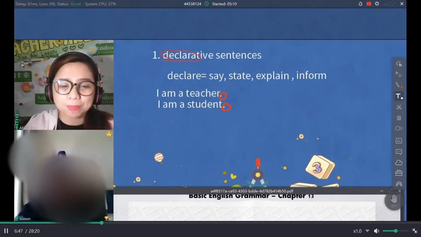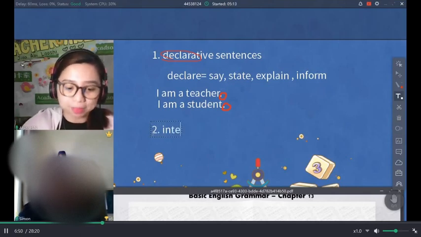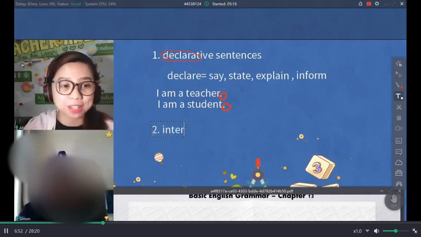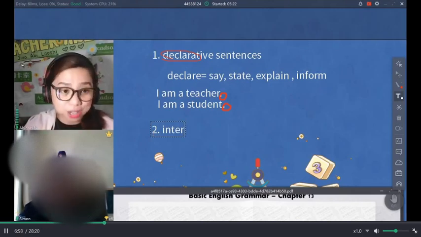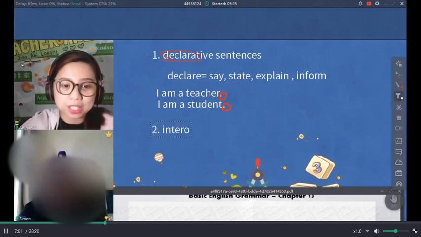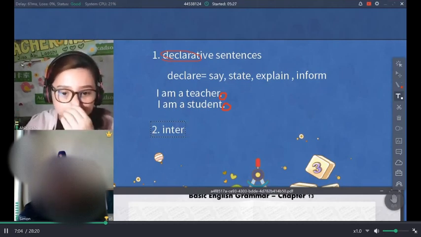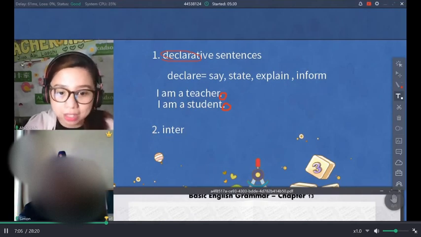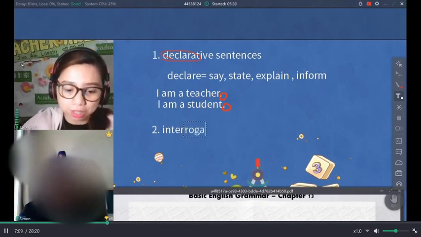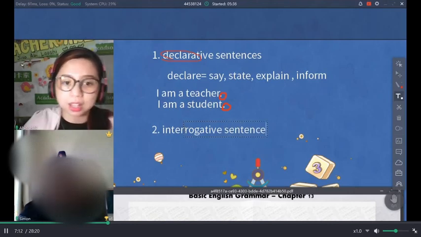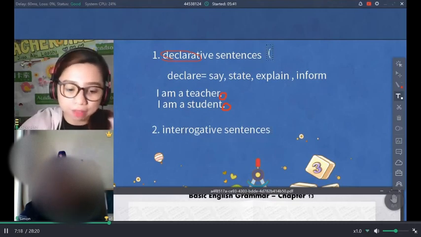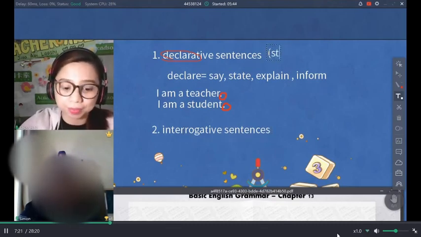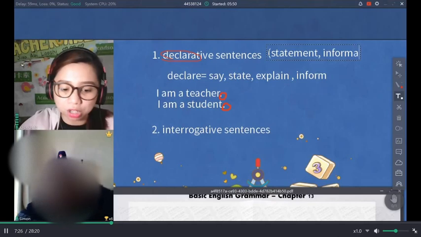So you're asking, what's an interrogative sentence? Interrogative sentence, Simon, is only a question. For example, who are you? What's your name? So that's an interrogative sentence. Interrogative, with a double R. When you say a declarative sentence, I will emphasize that this is a statement or information.